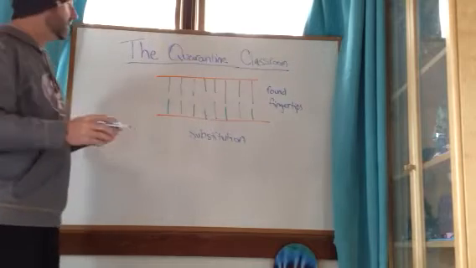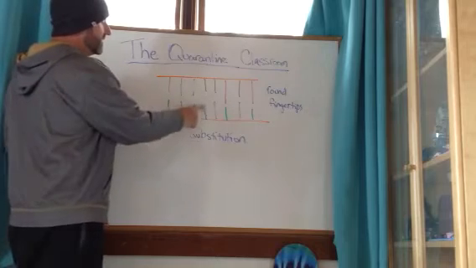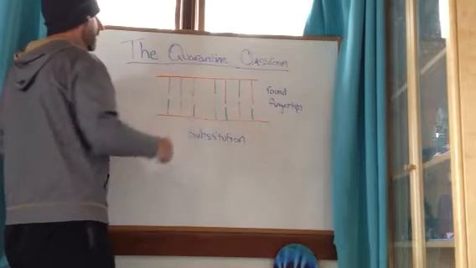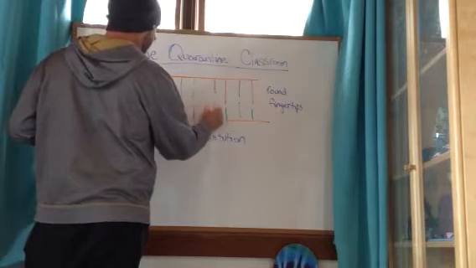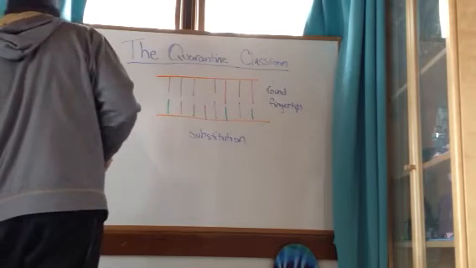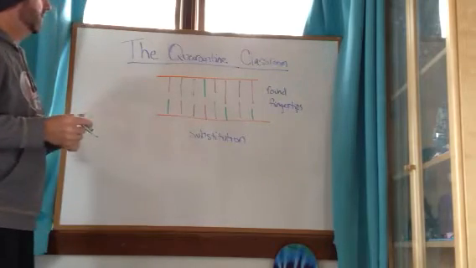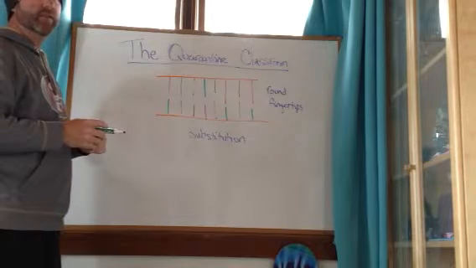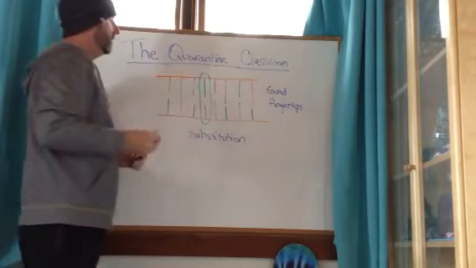Okay? Now, the first one that we have that can go wrong, the first mutation, is substitution. What happens is, as the DNA replicates, when it makes a new copy, it substitutes, instead of blue here and brown, pink in there, right? And then it's going to make that green there. So that's just changed one little piece of our genetic information, right? Right here is where the substitution occurred.